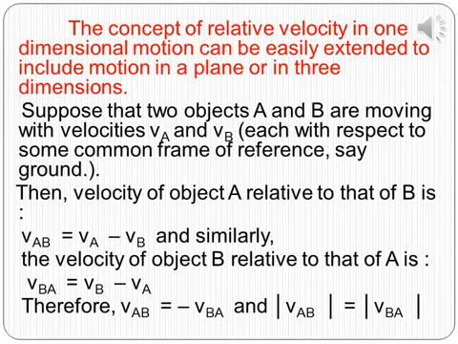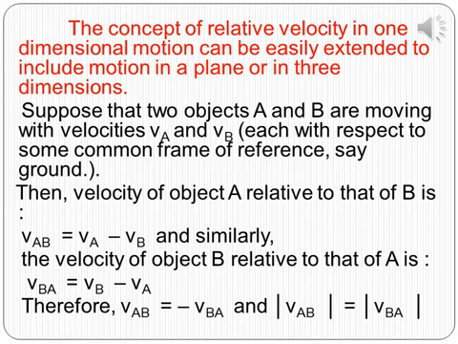Earlier, I had pointed out to you that the concept of relative velocity in one-dimensional motion can be applied to two-dimensional or three-dimensional motion. Suppose that two objects A and B are moving with velocities VA and VB, each one with respect to some common frame of reference, say the ground.